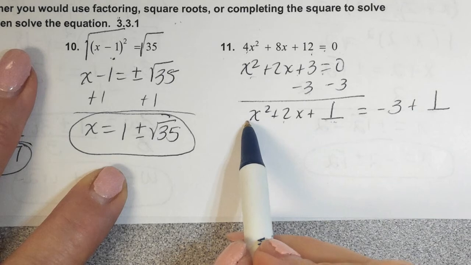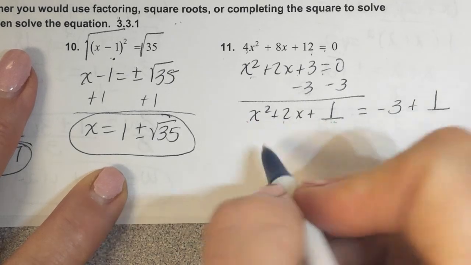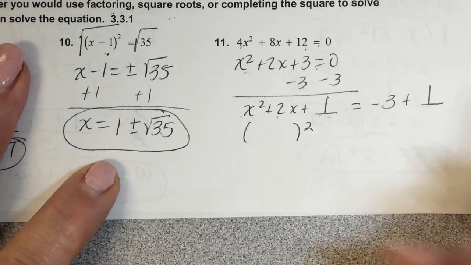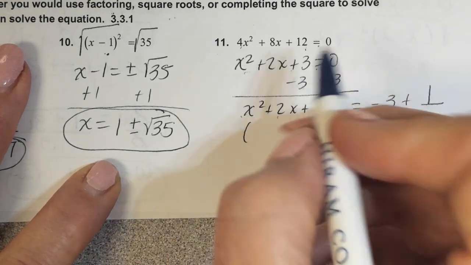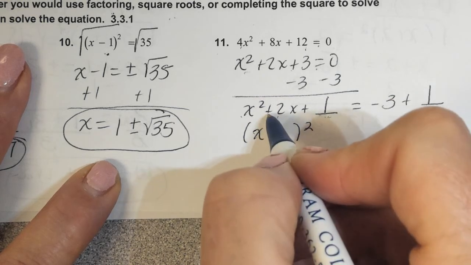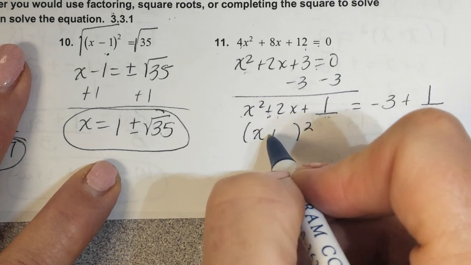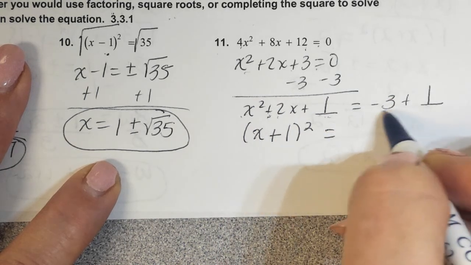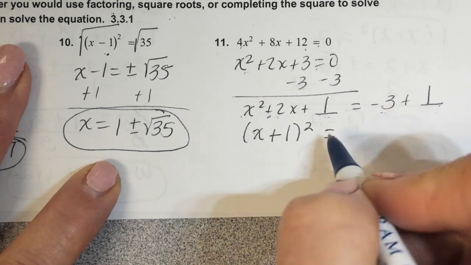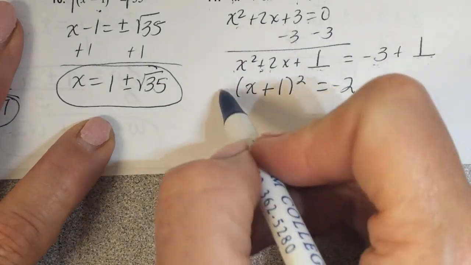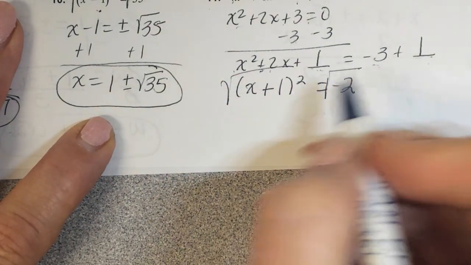So now I'm going to have, what's this going to become? Can you do it quickly for me? Hamza, stay with me on this one. Thanks. 1 equals what? Good. Now what? Take the square root, right?